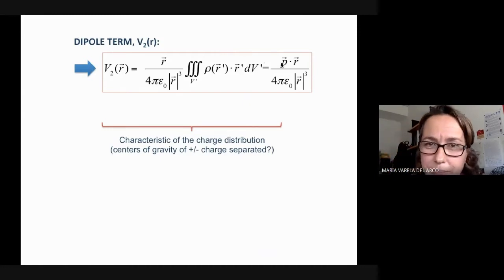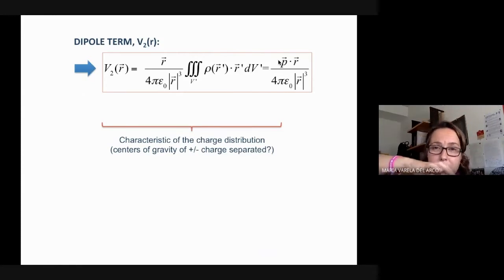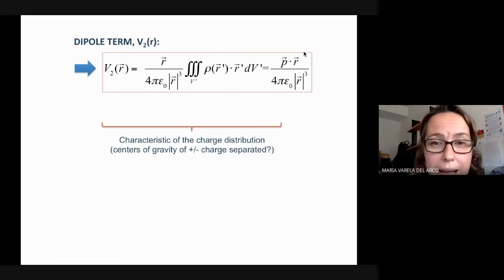This is my P in this case. So for an object, imagine we had a cylinder that had more negative charge on top and more positive charge on the bottom, that would have this integral not vanishing, would have a finite dipole moment P. We can talk about dipole moments also for distributions of charge, not just for point charges.